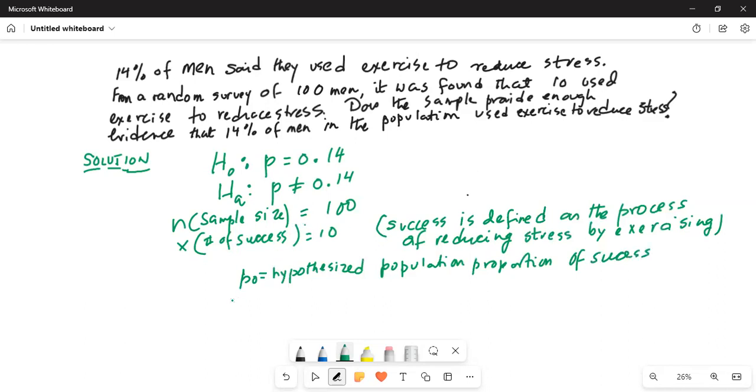P0 is equal to 0.14. So let's check N times P0. N is 100 times 0.14 is 14. That is greater than 10.